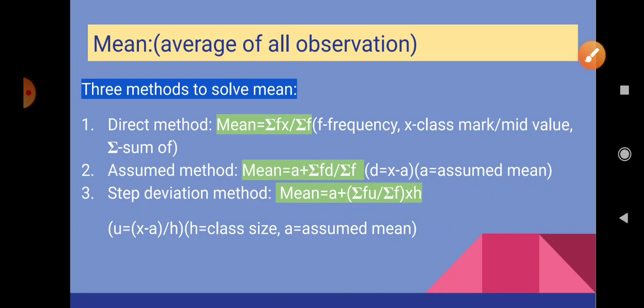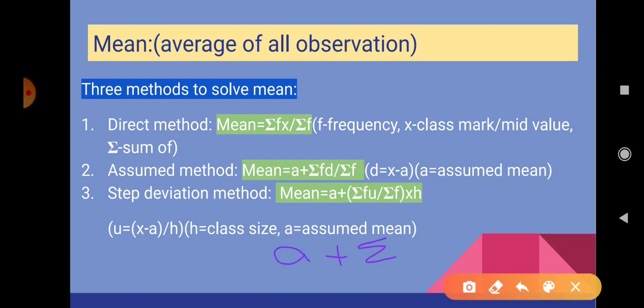So what is the formula for the step deviation method? a plus sigma fu by sigma f into h. As I told you, what is h? It is the class size, the difference between the upper limit and the lower limit. And what is u here?